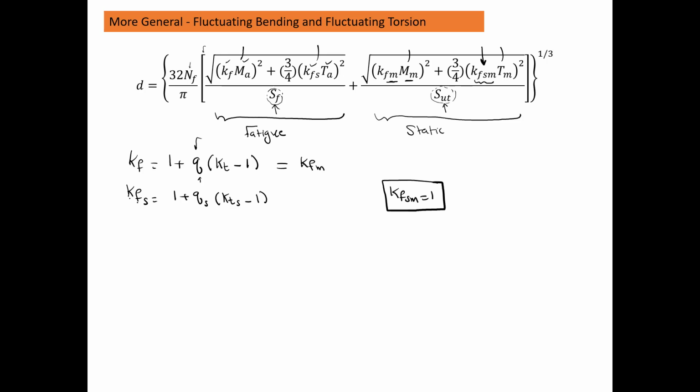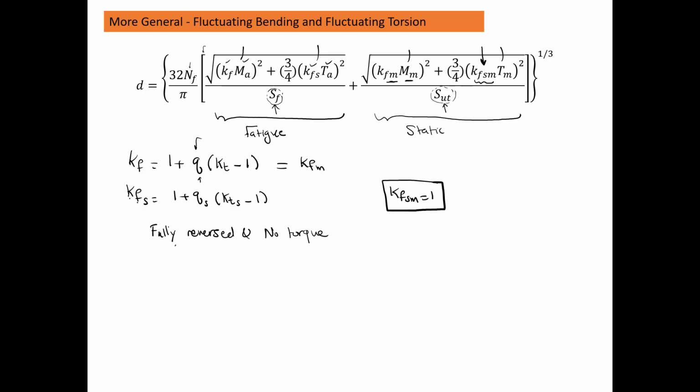Now, one thing that is a common similarity between this one and the previous one is when it's fully reversed, and even the static. So if it's fully reversed and no torques, for example.